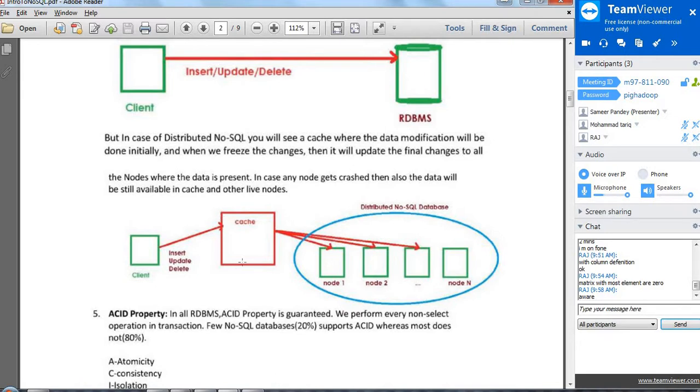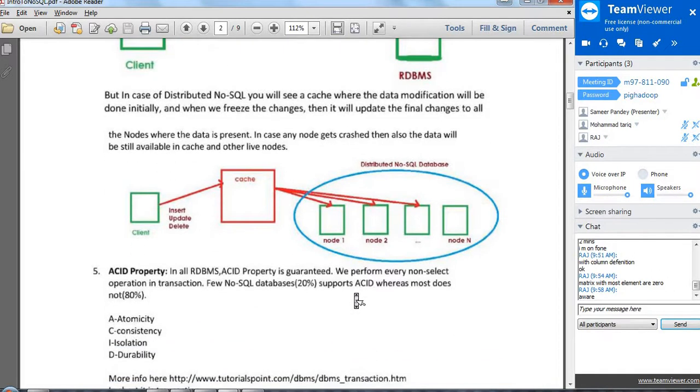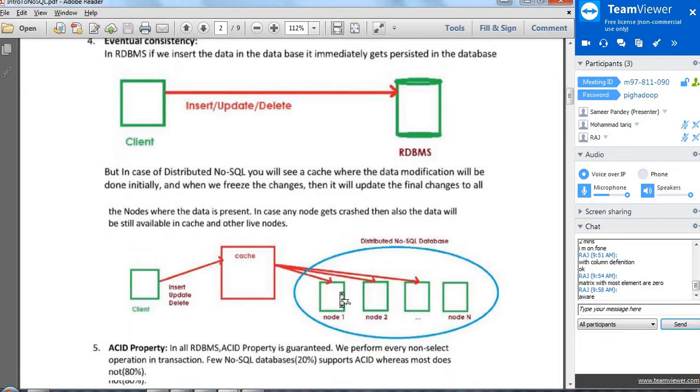So that is the use of the cache. If you want to perform an update operation on any of this data, it will fetch the data into the cache, update it, and store it back to HDFS. So it uses the cache.